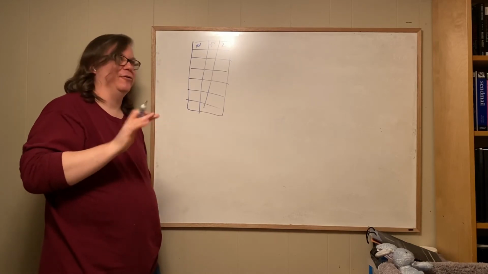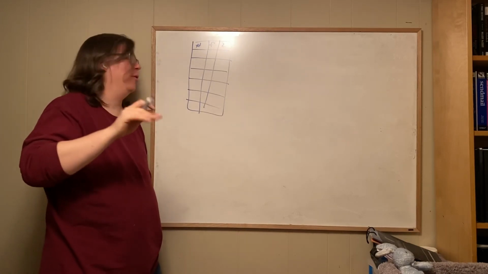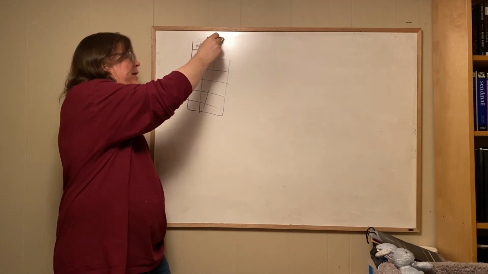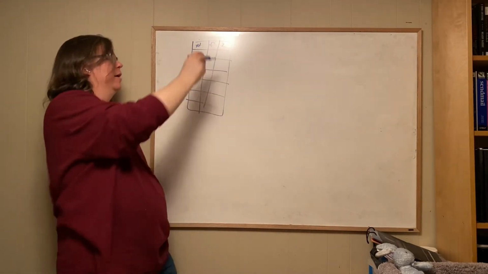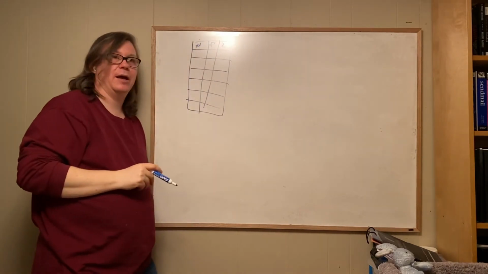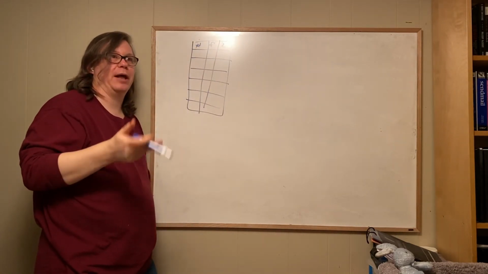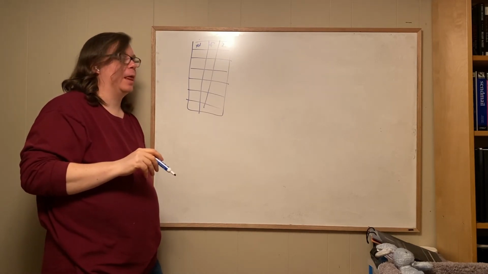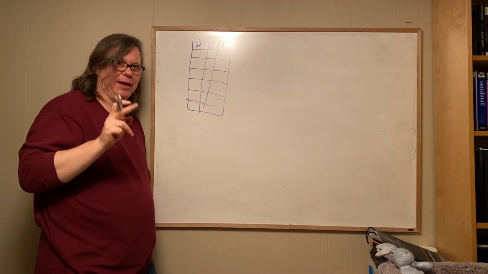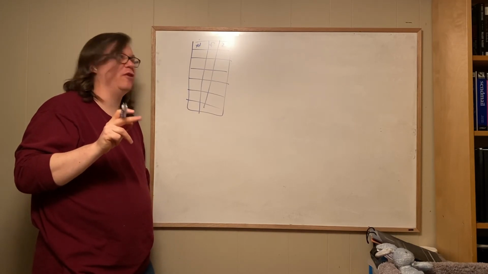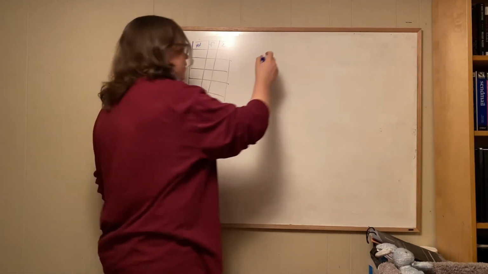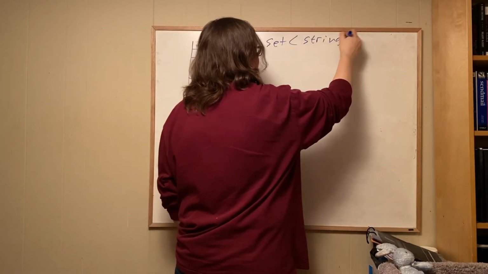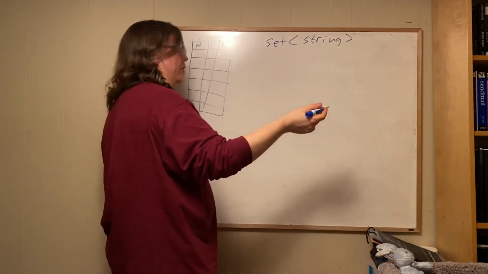Wait, didn't I just say use sorted set sparingly? Yes and no. So I do a sorted set either on student number or more likely the last name. Last name, then the first name, then the student number, or student number, last name, first name. But more likely it's going to be last name. I can have two students with the same last name. So just doing a set of strings isn't going to work, because if that's just your last name, you can have two students with the same last name.